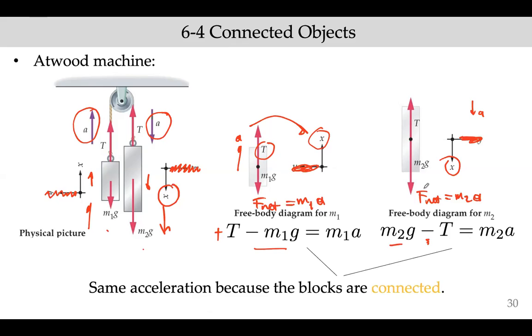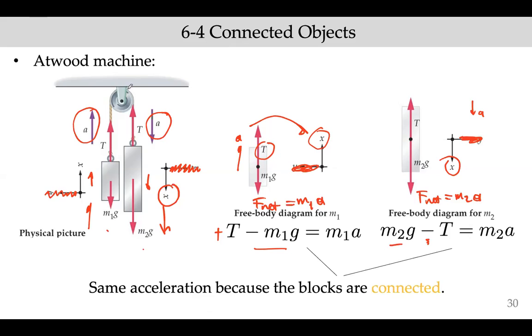Again, first determine the direction of motion. That's the direction of acceleration. In this case, by just looking at the figure, you can easily say the large one is going to go down. Then choose the positive direction in the direction of acceleration.